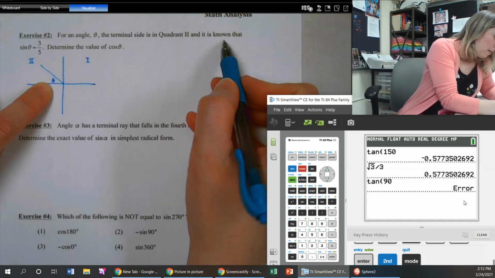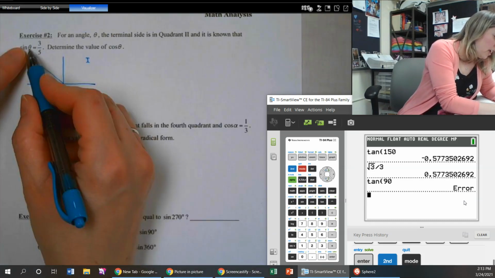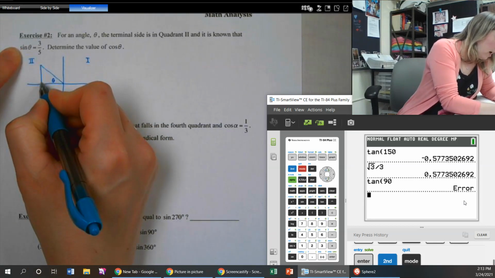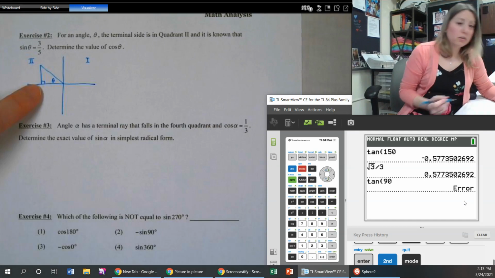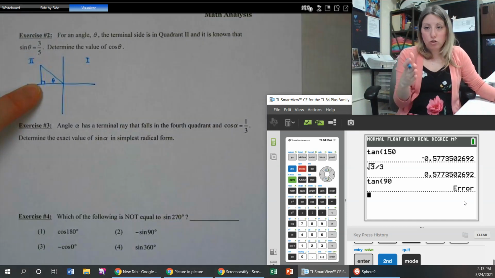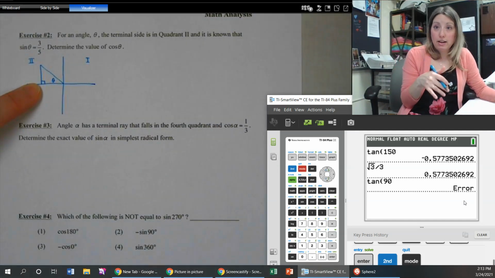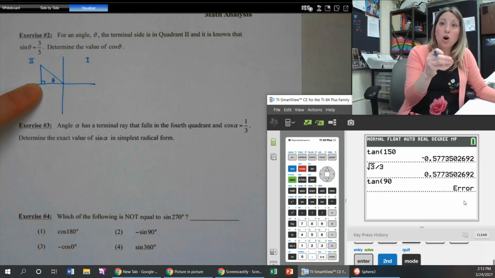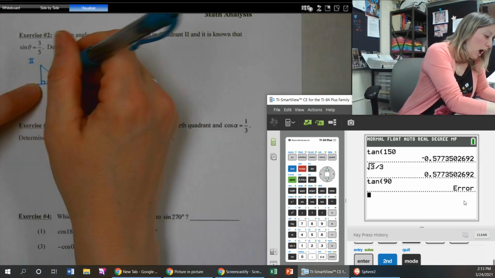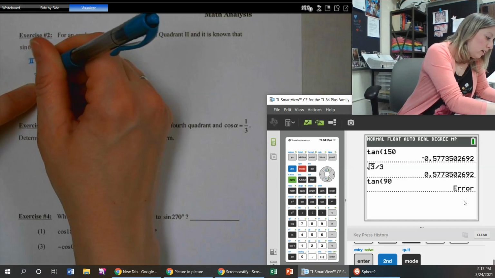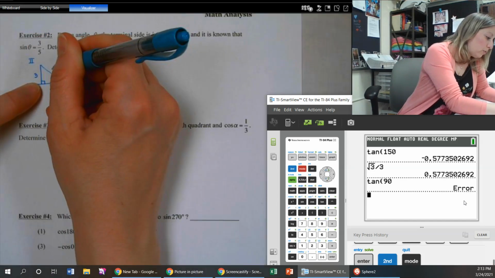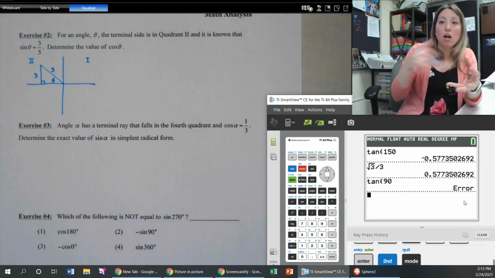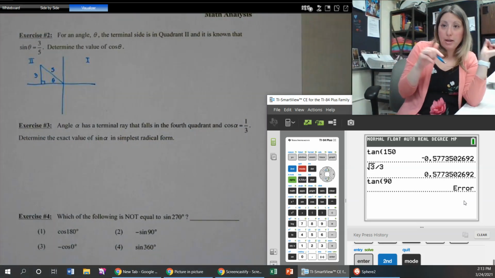So, okay, we know that sine of theta is 3 over 5. Okay, so if I drop my altitude to create a right angle with my x-axis, then I know that sine of this opposite here is 3, hypotenuse is 5, I can figure out my other trig ratios based on this knowledge.